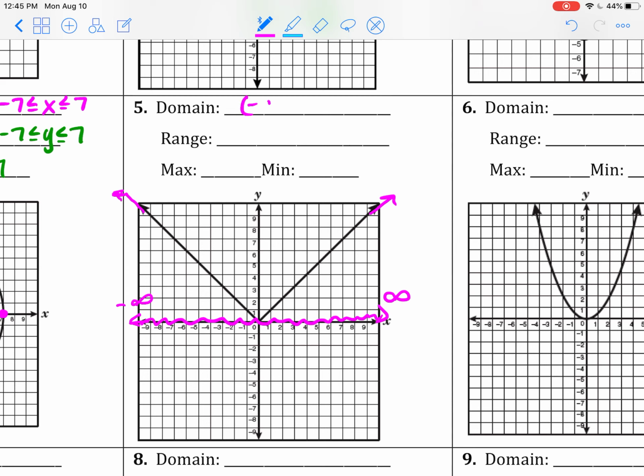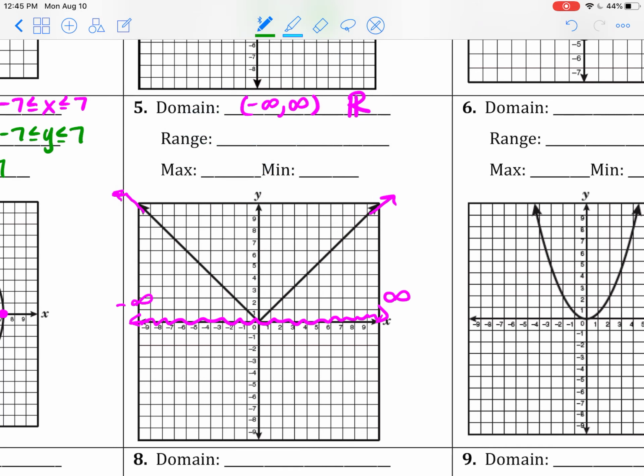So the domain here would be -infinity to +infinity, which we know as all real numbers. So for inequality notation, we'll just do that fancy R for all real numbers.